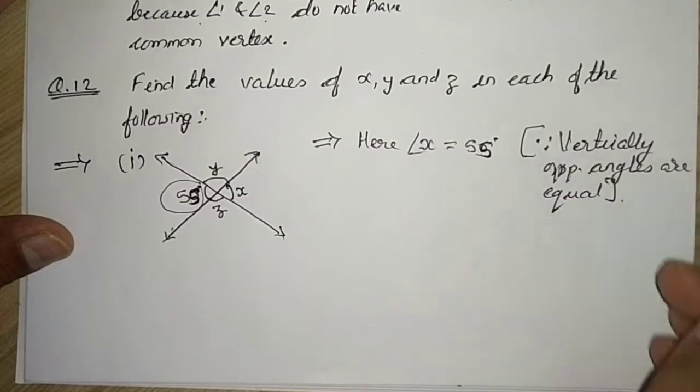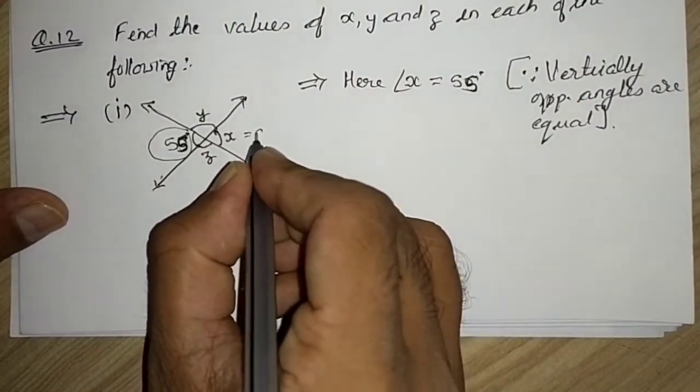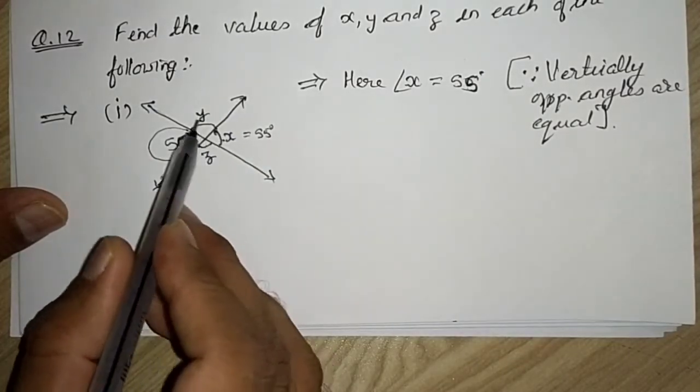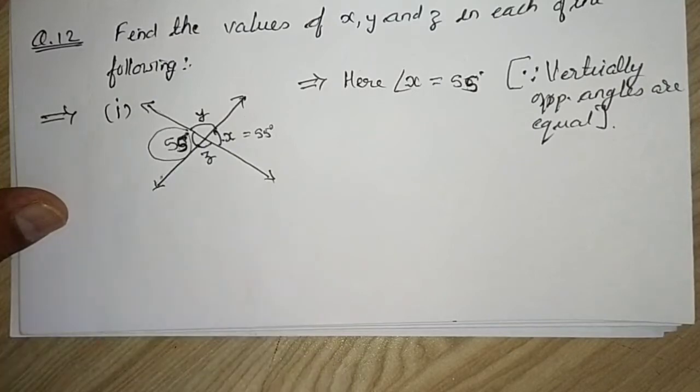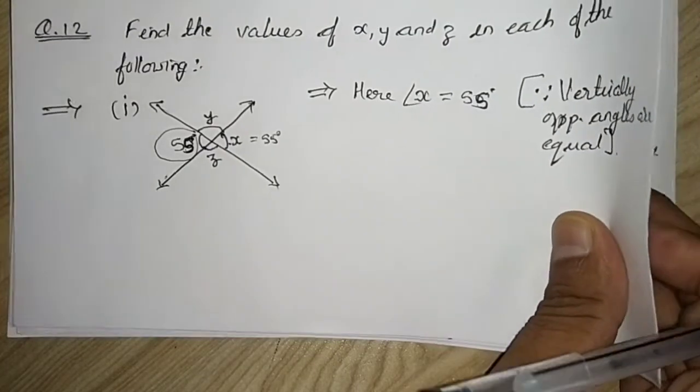This is the sign of because. Now moving further. Now since we have got this 55 degrees, now see, x and y form linear pair. And what is the linear pair? I have told you in the introduction.